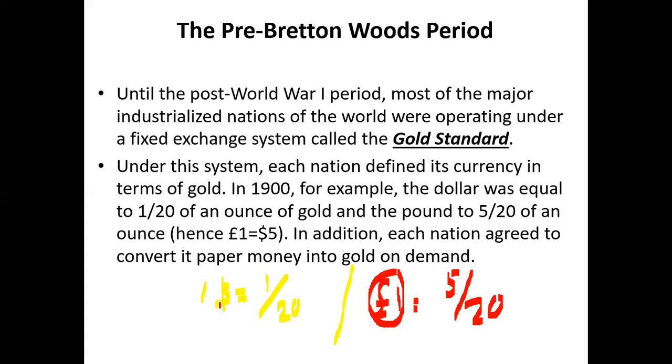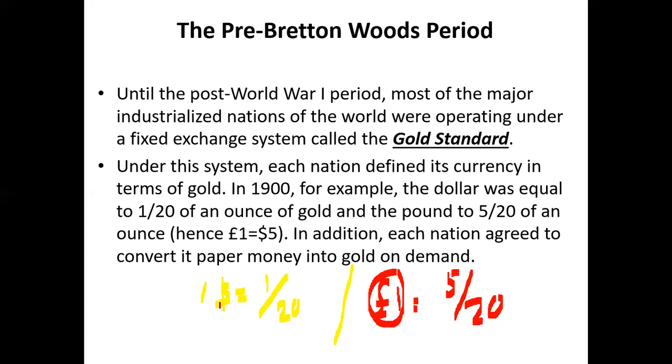In addition, each nation agreed to convert its paper money into gold on demand. So that means convertible currency. Every unit of a country's currency needed to be convertible into gold on demand. Today we have no convertible currency system. Today we have an inconvertible currency system.